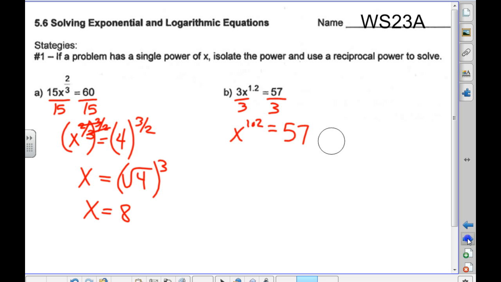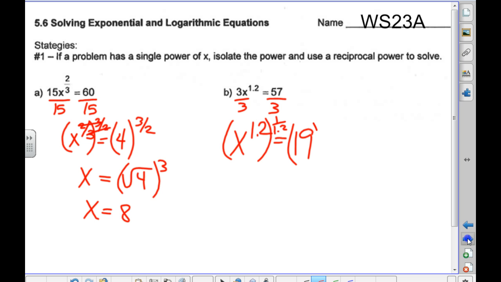Let me just rewrite that because it doesn't look good anyway. Okay, 1.2 is 6/5, so the reciprocal would be 5/6. That's great. If you're lazy, can you type 1 divided by 1.2 as the reciprocal? Yes. So if you want to just do the reciprocal is 1/1.2, it will work on your calculator. Your calculator is your friend.